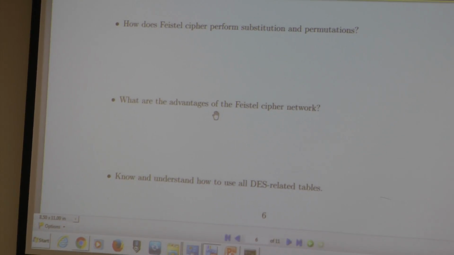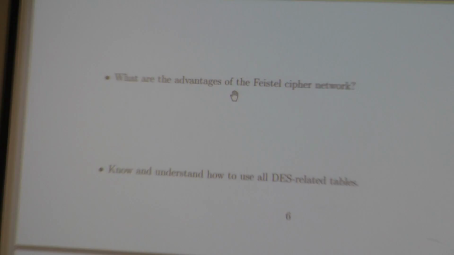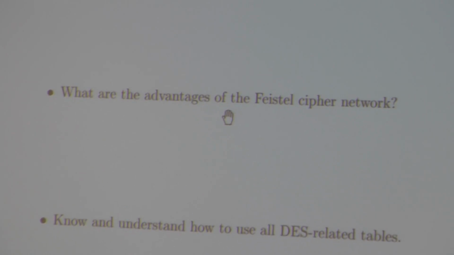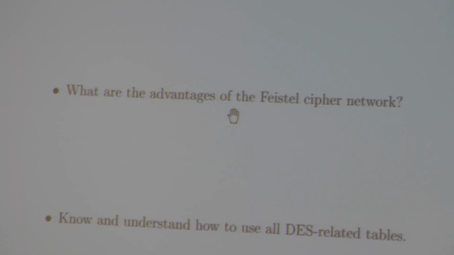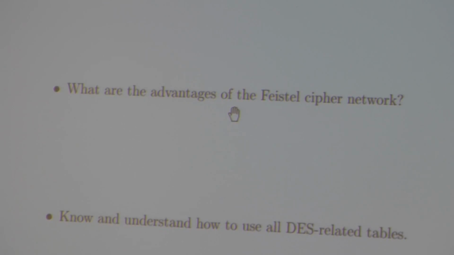What are the advantages of the Feistel cipher network? Well, encryption and decryption are basically the same algorithm. The only thing I need to do to convert encryption into decryption is to swap the order of round keys. Basically, reverse them. The key for the nth round is used in the first round.